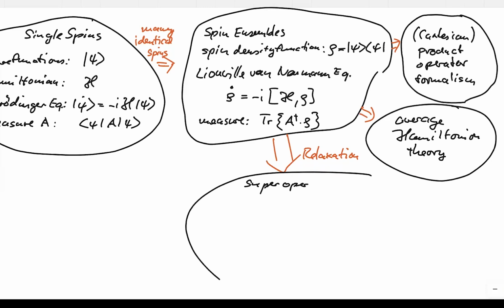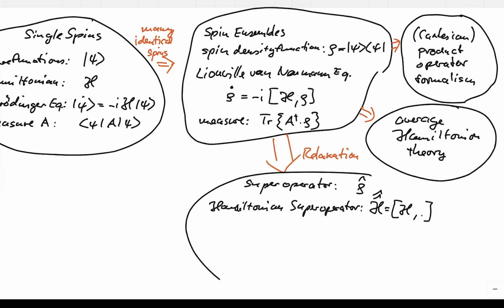So for the superoperator, there we have rho dagger in the notation that I will use, and there will be the Hamiltonian superoperator, which is H double hat, which is simply the commutator with H applied on some operator that will appear afterwards.